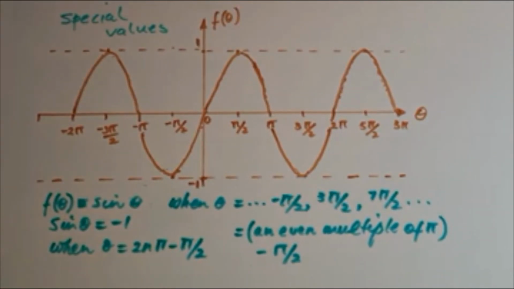Let's summarize what we've done here. Here we looked at a special case where sine theta is equal to -1 for the function f of theta equivalent to sine theta.